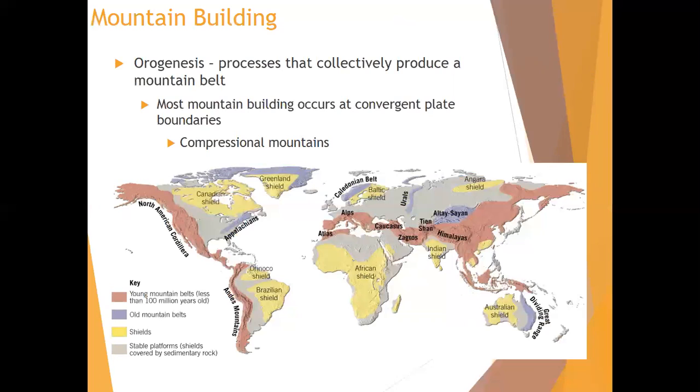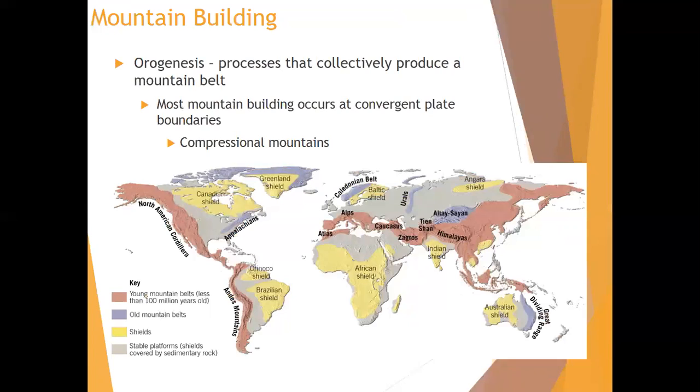These compressional mountains, you can see in this picture here where the old mountain belts are and where the young mountain belts are. You can also see shields and platforms. When you look at the mountain belts, they are related to plate boundaries, either current or past plate boundaries. The Appalachians, Caledonian Mountains, and the mountains of the Greenland Shield, when you put all of those together, you find mountains that existed due to Pangea.